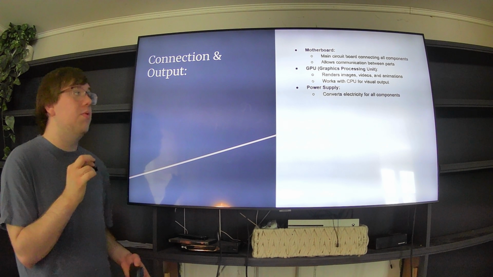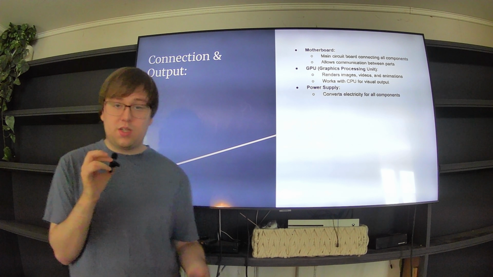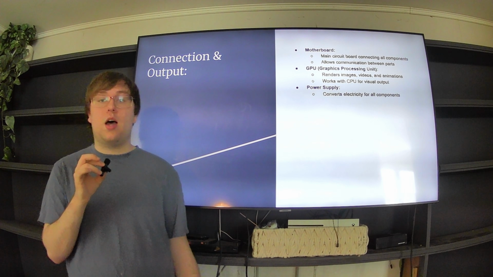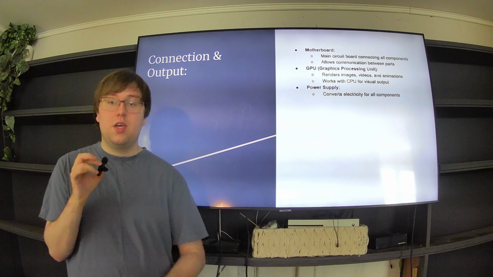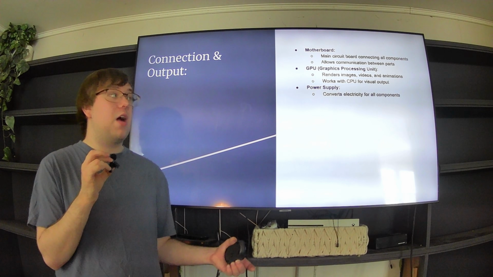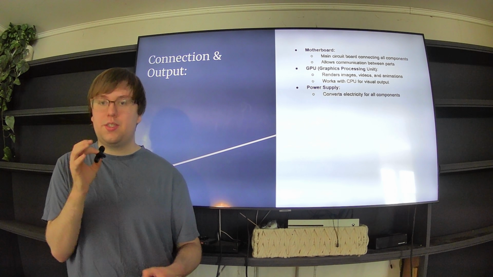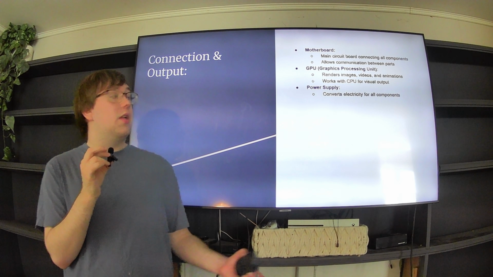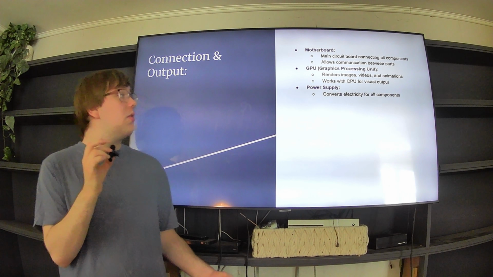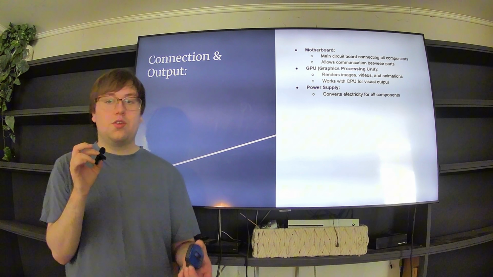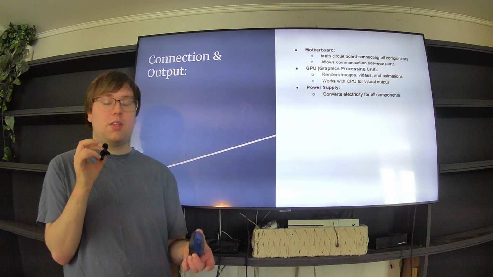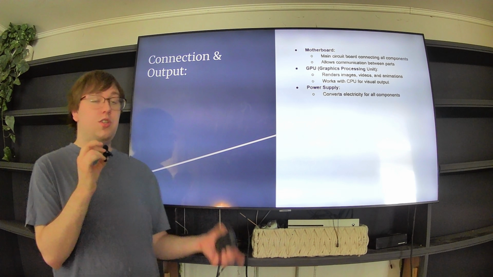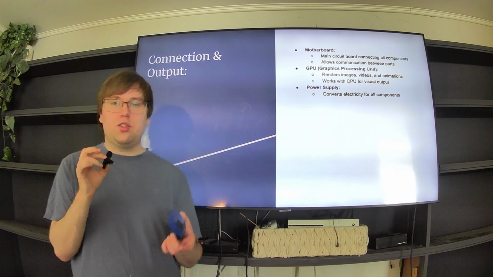The connection and output. The motherboard, like I said before, is basically the heart of the system. It's the main circuit board connecting all of the components, so your GPU and your power supply are all connected to the same device in the system. It allows communication between parts. The GPU, also known as the graphics processing unit or graphics card, renders images, videos, and animations.